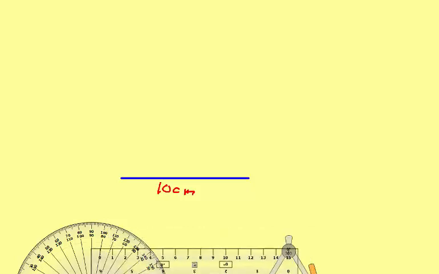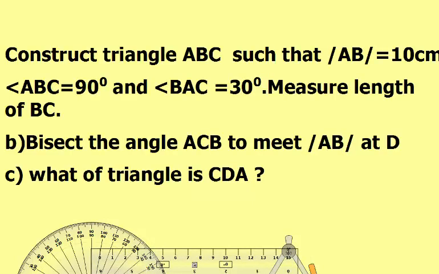Now you go back to see the next question after the 10 centimeters. We are constructing angle ABC 90 degrees. Remember the letter at the middle, that is going to be the point on which you draw.